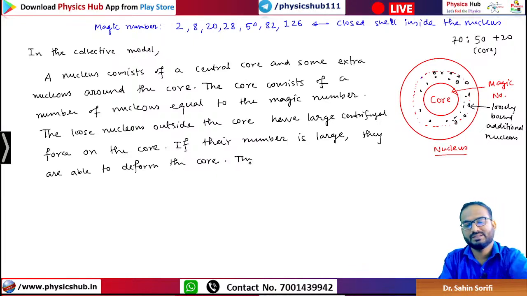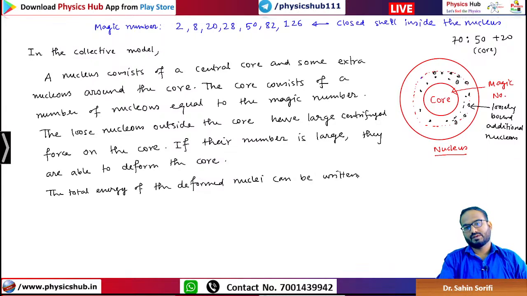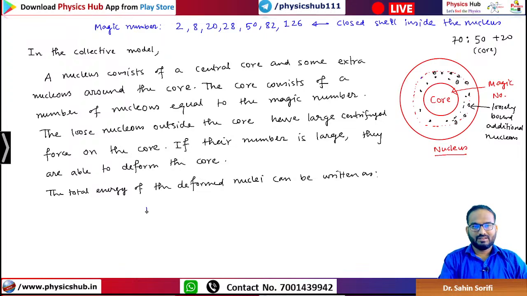Now the total energy of the deformed nucleus will have various components. The total energy of the deformed nuclei can be written as TE.